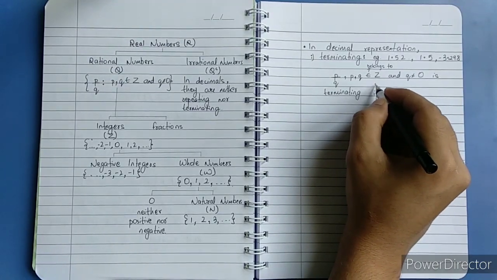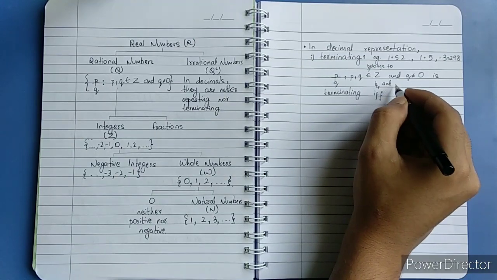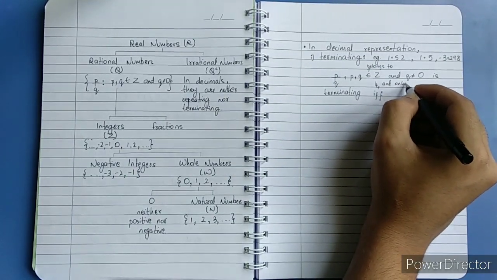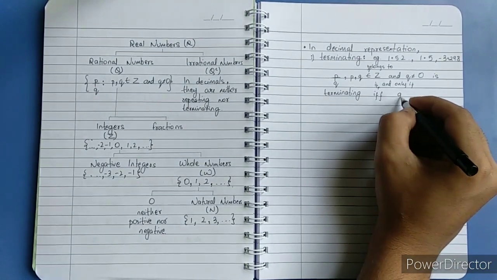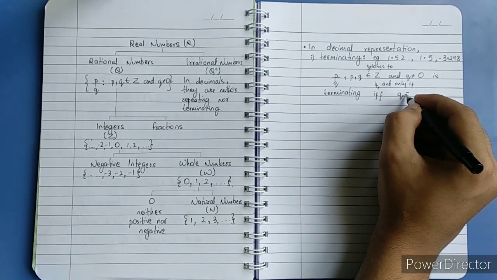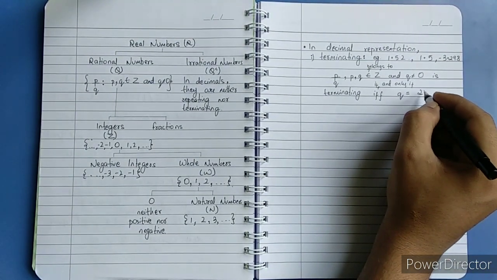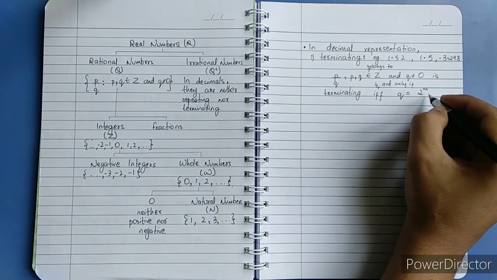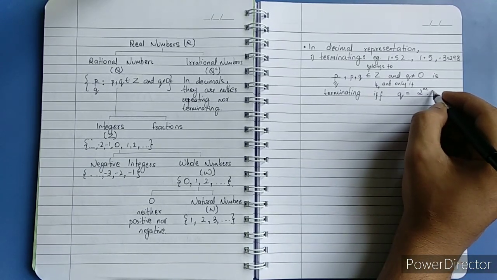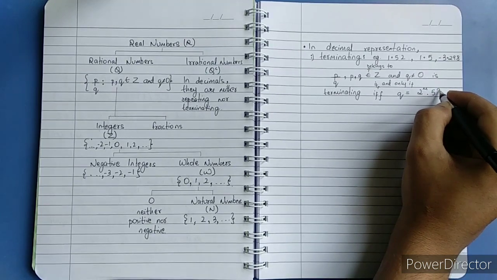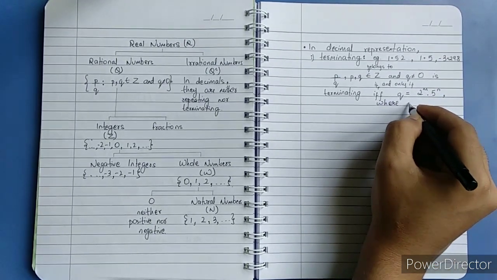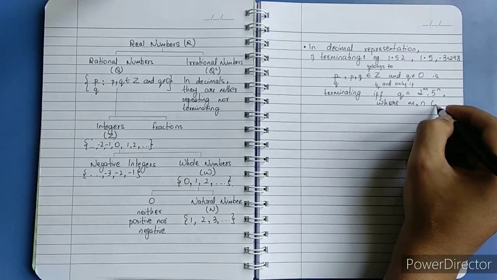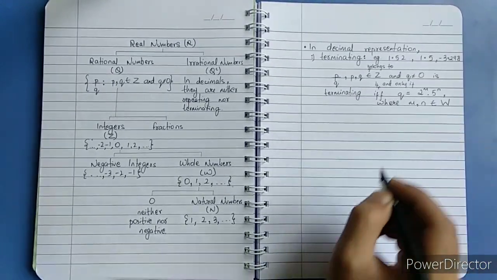IFF means if and only if. If and only if Q, the denominator, can be represented in the form of 2 to the power m into 5 to the power n, where m comma n belongs to whole numbers.